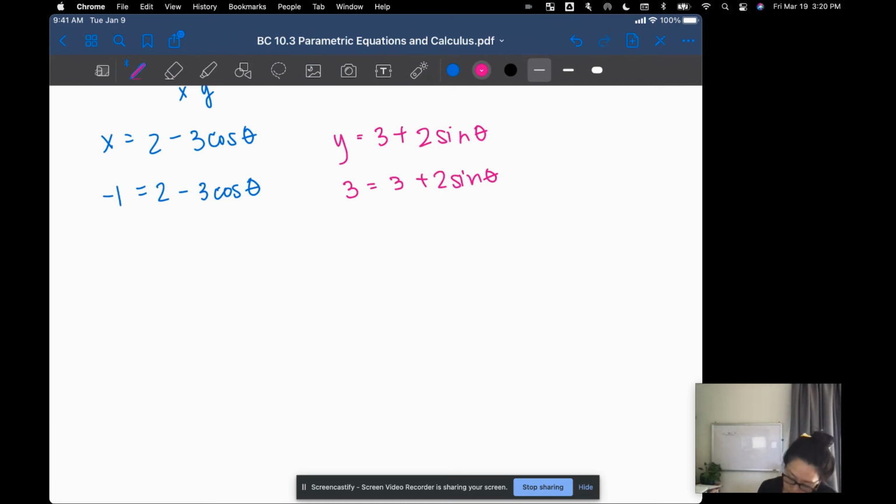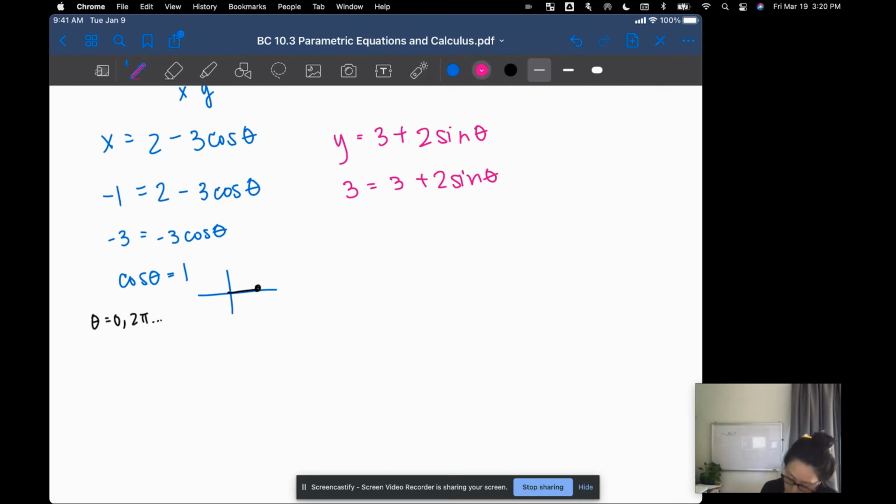Okay, so here we go. Subtract 2, we get negative 3 is equal to negative 3 cosine theta. So cosine theta is equal to 1 at 0, 2π, and so on.